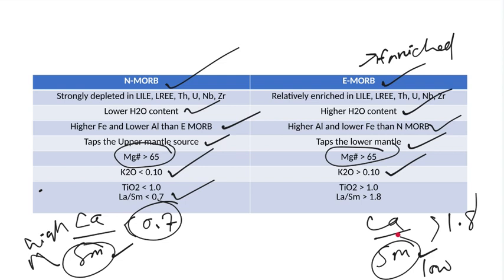I have already told you that the mantle is higher in samarium and neodymium content. The lower mantle is the enriched one and the upper mantle is the depleted one. Samarium lives where depletion is more, so samarium will be in N-MORB, in the upper mantle portion.